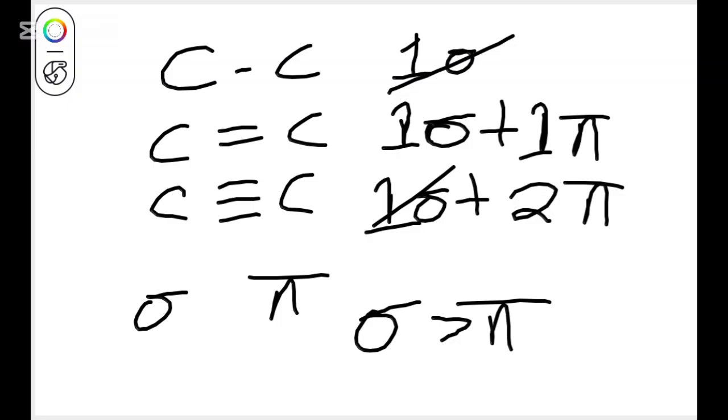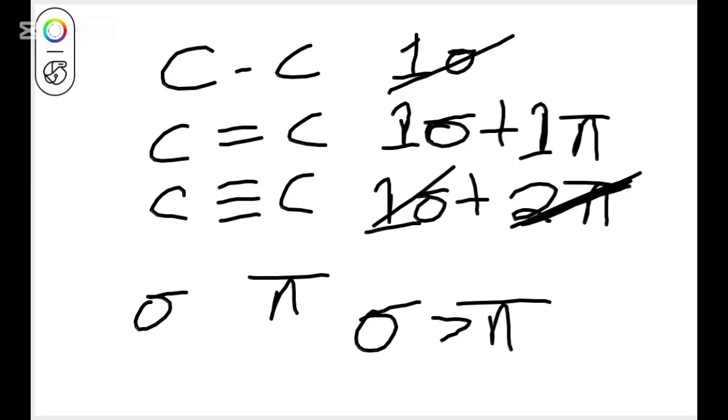But the triple bond is going to win because it has two additional pi bonds. So when comparing the triple bond versus the single sigma bond, the triple bond is stronger because you compare three bonds to one. But if we compare one sigma versus a pi bond, the pi bond is weaker. It's easier to break a pi bond, but it's harder to break a sigma bond. So just keep in mind that sigma bonds are stronger than pi bonds.